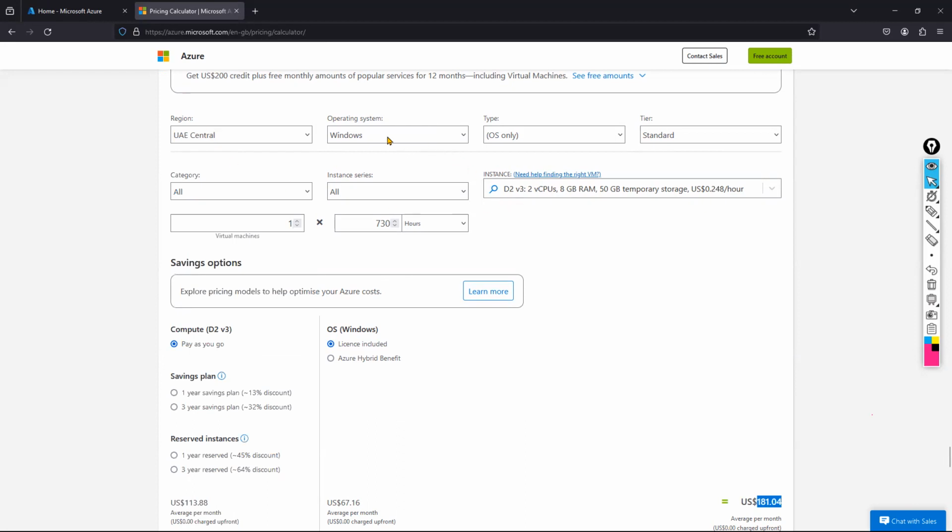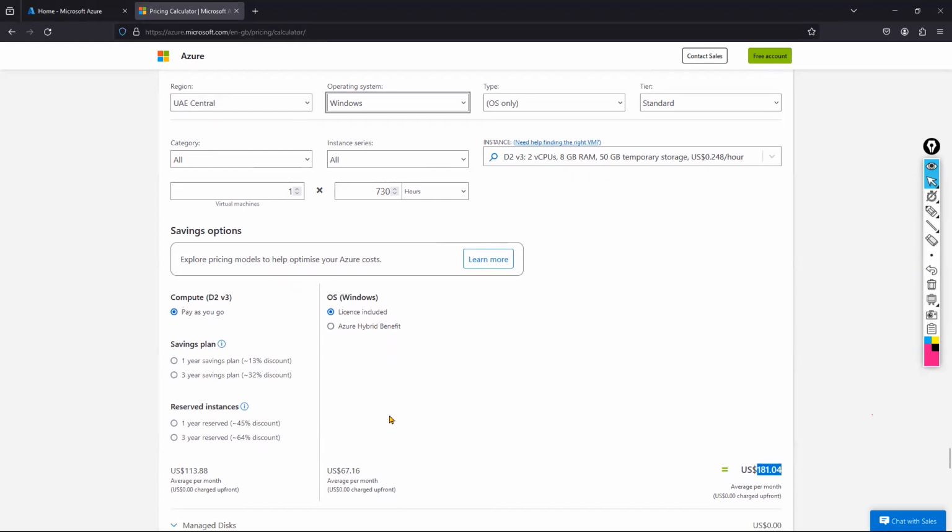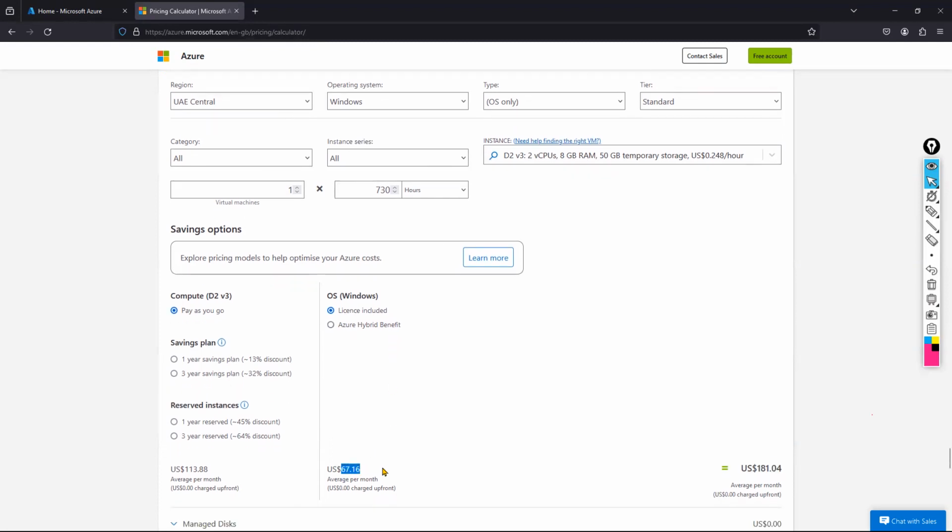And another factor is the license. Microsoft by default, their own product is Windows. Due to that, the license cost is also included here, which is around $67.16 per month approximately. If it is Linux, it won't charge us that license cost.